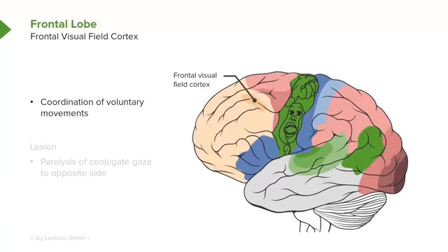Another area within the frontal lobe is the frontal visual field cortex. This area right in through here. It's even a bit more anterior to the other areas that I was describing for you. It's involved in the coordination of voluntary movements.